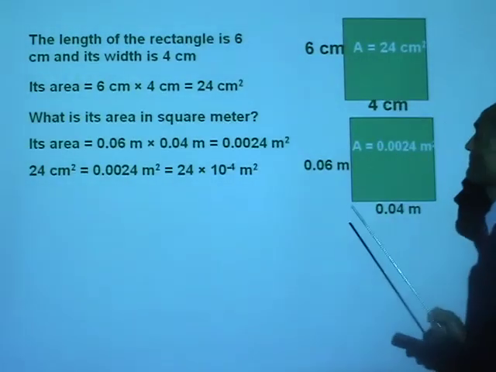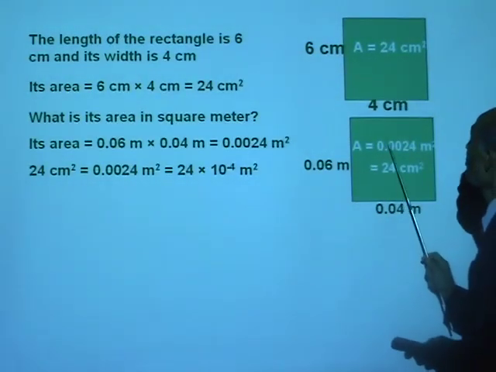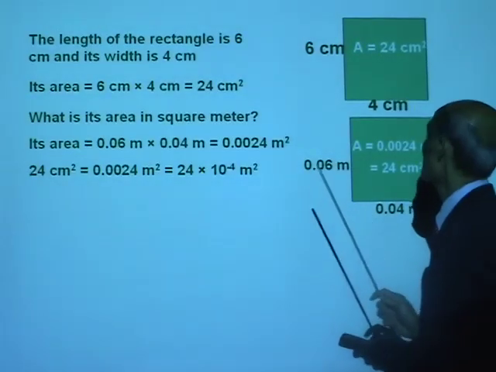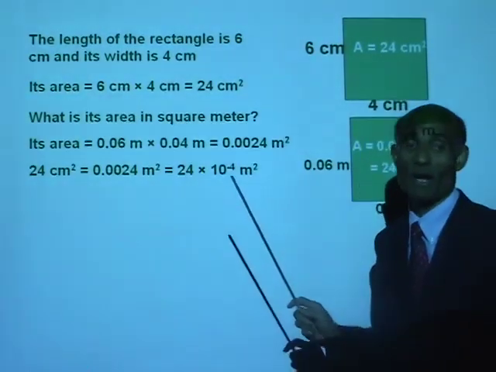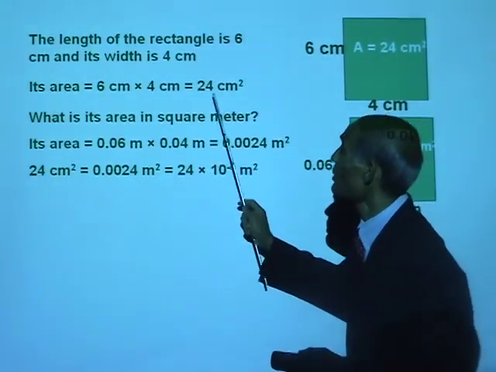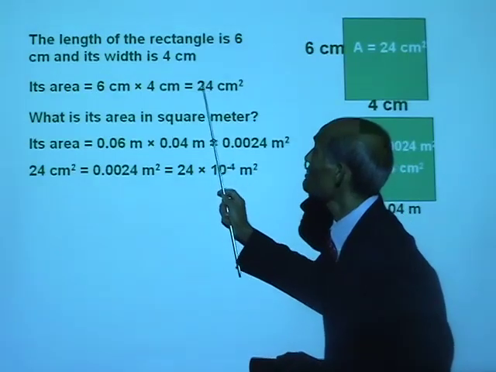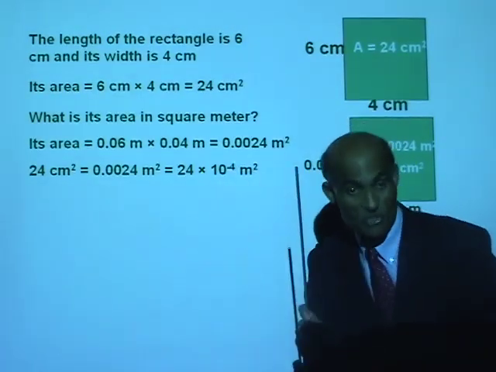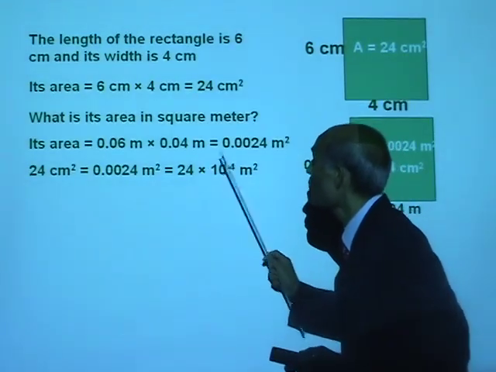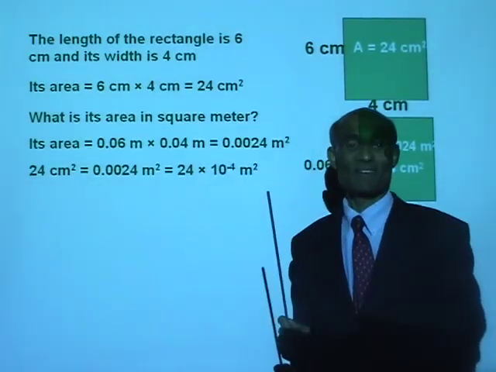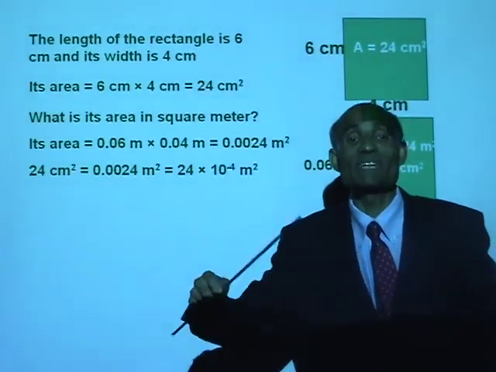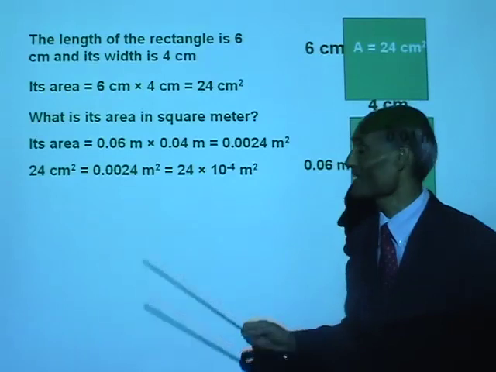There you are. So 0.0024 meters squared is the same as 24 centimeters squared. Now, let me see if you can grasp this. I'll try one more time. 24 centimeters squared is the same as 24 times 10 to the -4 meters squared. So, what part of a meter squared is a centimeter squared?